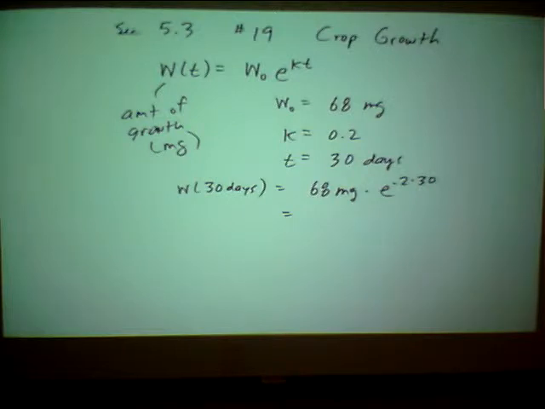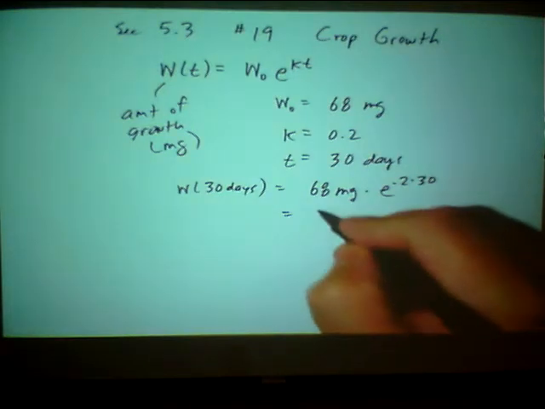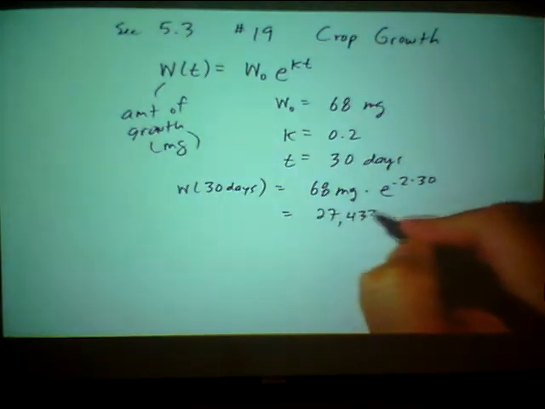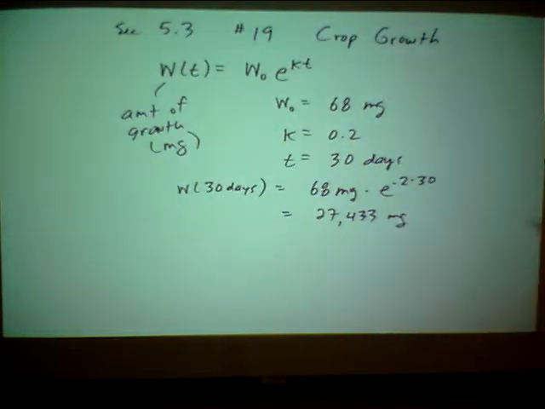I take 0.2 times 30, that equals 6, and I take e to the 6th, and you get a number, and you multiply that times 68, and you end up with 27,433 milligrams of growth. And that is the correct answer.